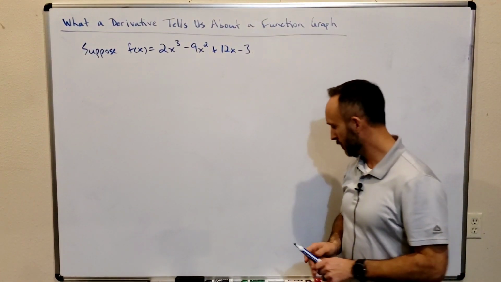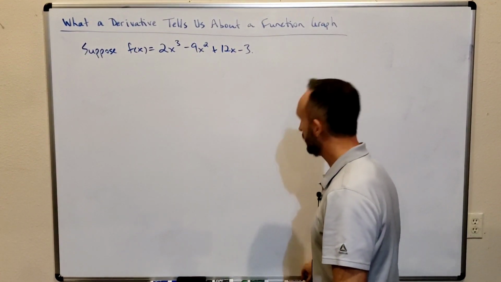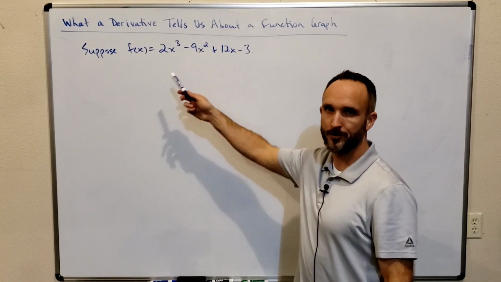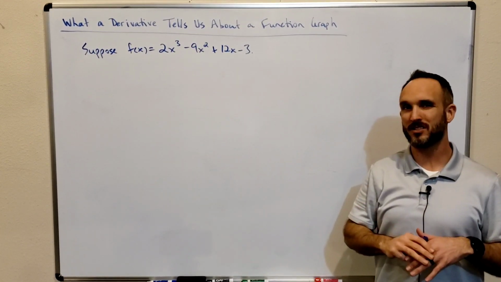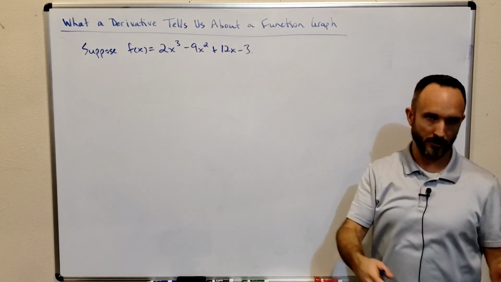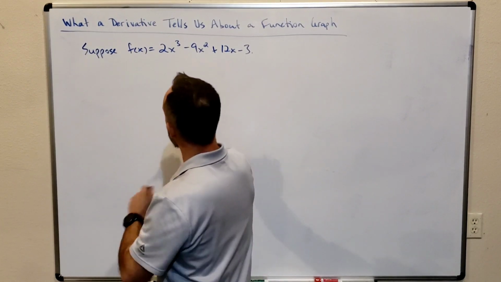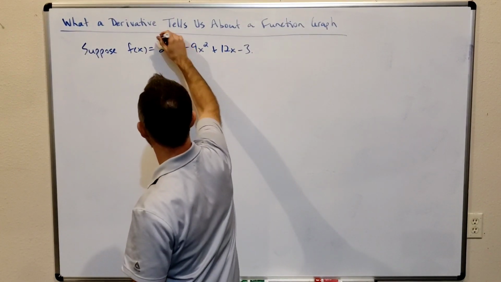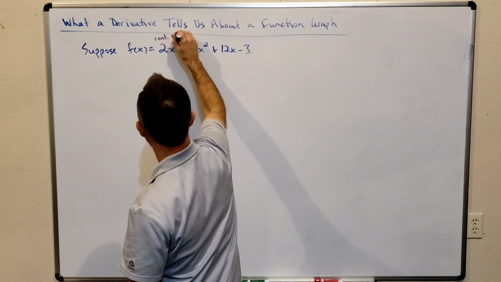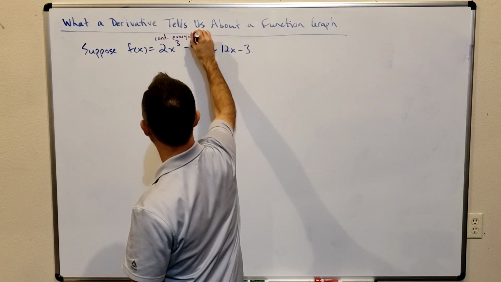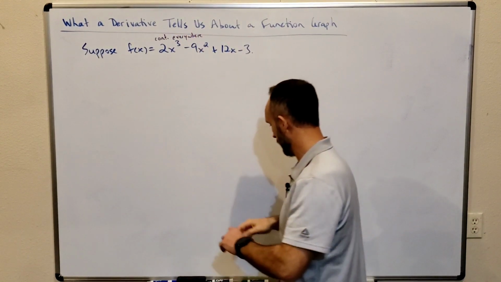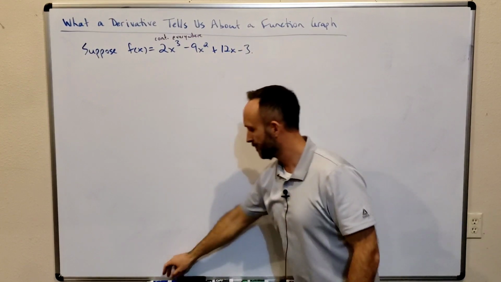And before we get too far into it, let's go ahead and point out that since this is a polynomial, it is continuous on its domain, which is all real numbers. So we don't have to worry about this guy not being continuous. This guy's continuous everywhere. It's the best scenario maybe we could hope for, or one of the best.